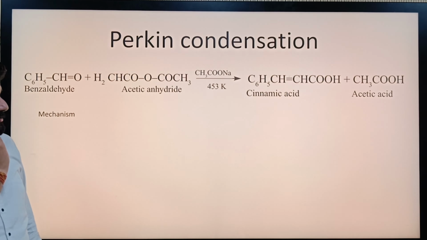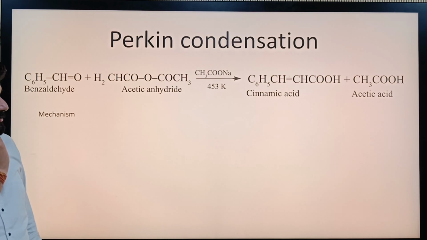This is the acetic anhydride group. CH3, in presence of its derivative salt. So here we have a negative charge species which can act as a nucleophile, or act as a base.